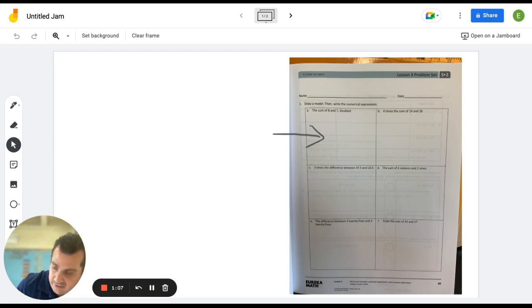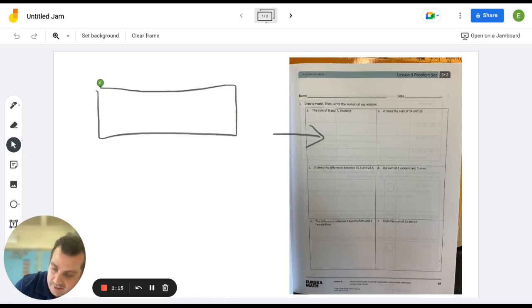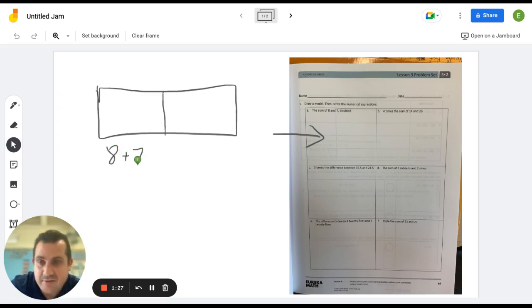So what I'm going to draw here is this little tool. All right. And I know if I'm doubling, that's 2 times. So if I'm finding the sum, I'll write it down here, 8 plus 7.